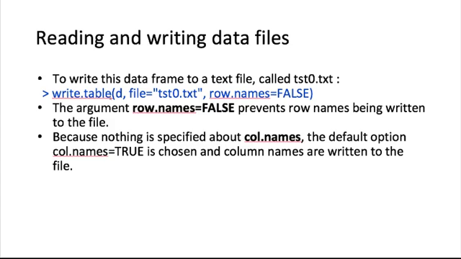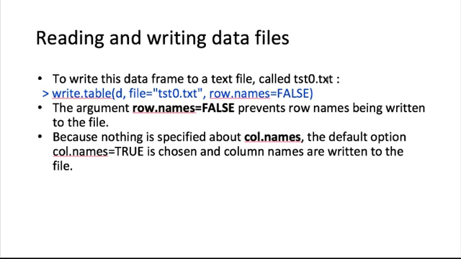So if I wanted to write this data to a txt file, I've got the command write.table. And that allows me to write data files out. And it's going to be saved in my working directory, getwd, if you recall that.